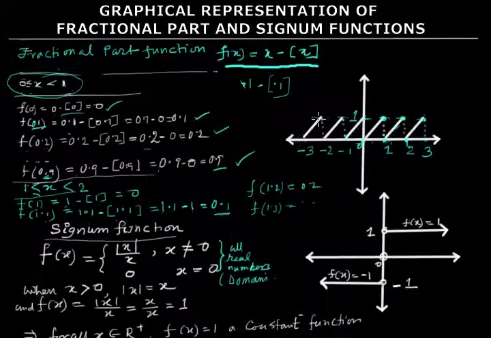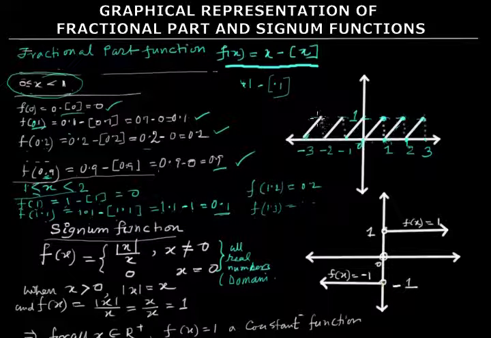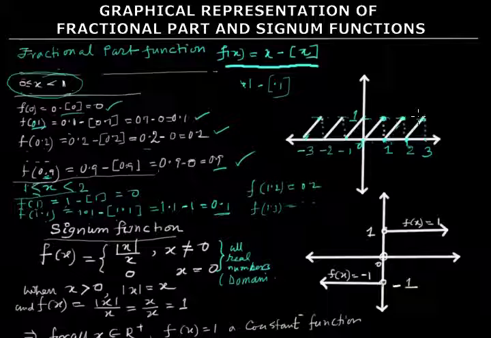So every time the values of f(x) go from 0 up to, not exactly 1, but very nearly close to 1. The graph looks like a sawtooth.